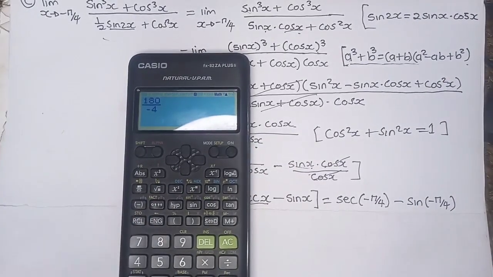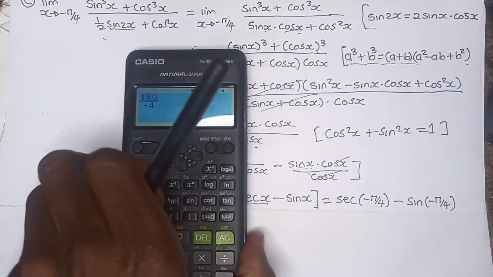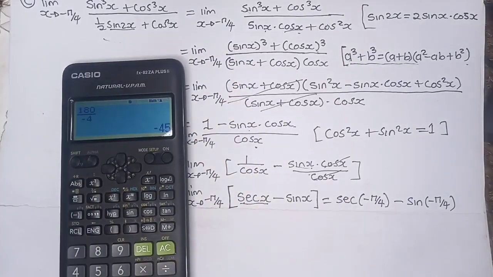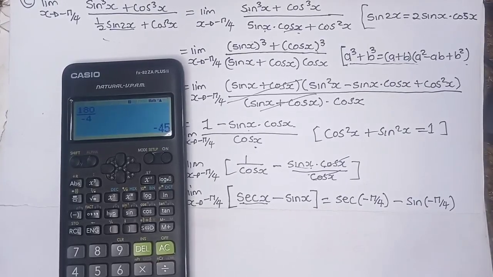And if I recall, 45 degrees is a special angle, and the cos of a negative angle is the cos of a positive angle. So cos of negative 45 degrees is cos of 45 degrees, which is a special angle given by root 2 over 2. But what I'm looking for is the reciprocal of cos of 45 degrees, which is given by 2 over root 2.